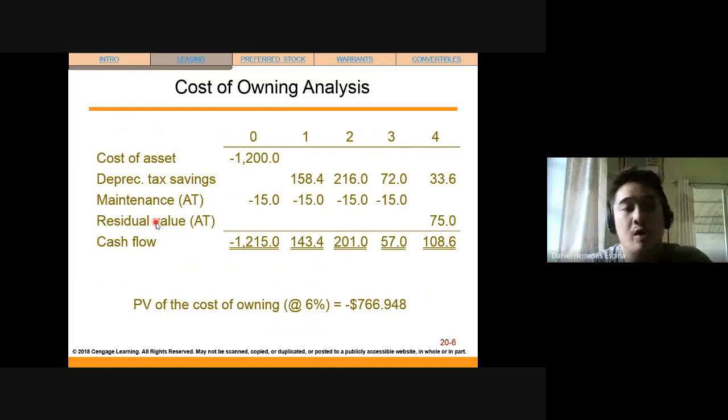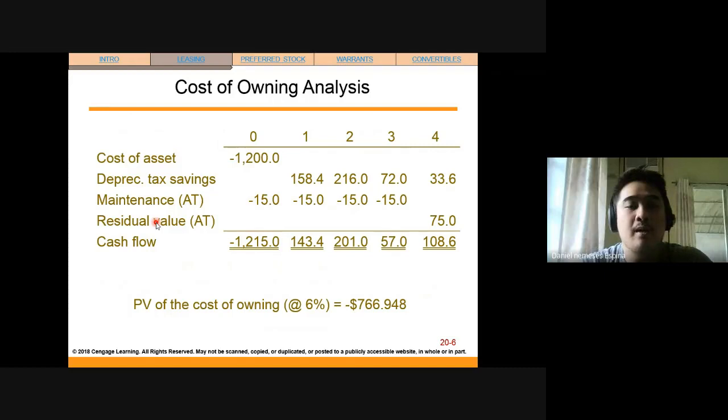So we will only compute the maintenance cost after the tax benefit. So the tax benefit, 25,000 times 60% or the after-tax rate. So you have each year 15.